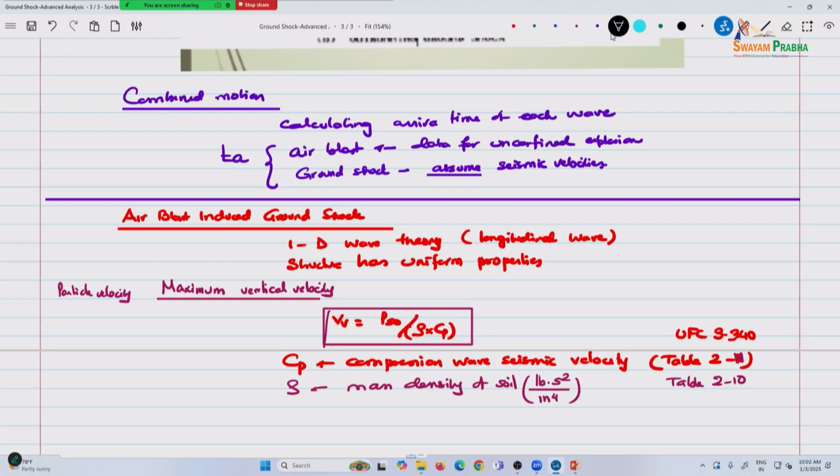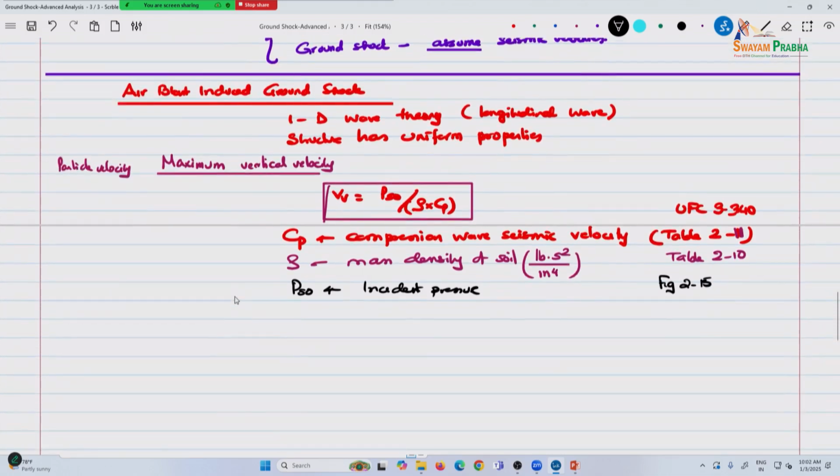And then the third one is PSO, that you know is incident pressure. This is figure 2-15, right.